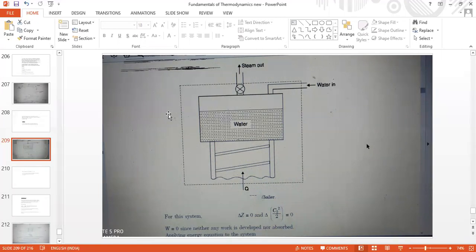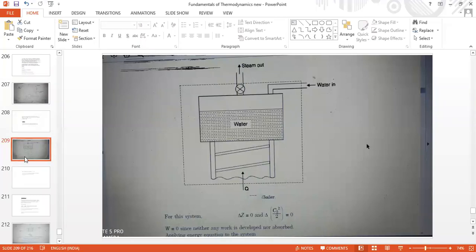In that way, we take up almost every type of device, and in specific cases where some devices have W equal to 0, as in this boiler, these specific conditions are substituted in the steady flow energy equation.